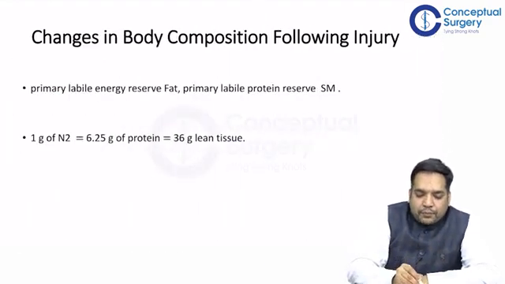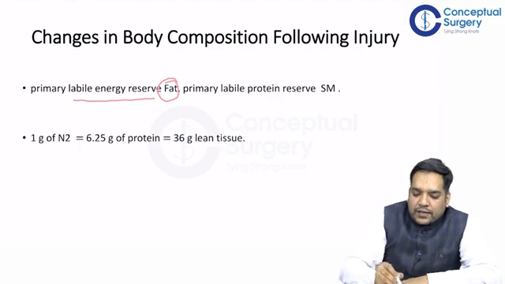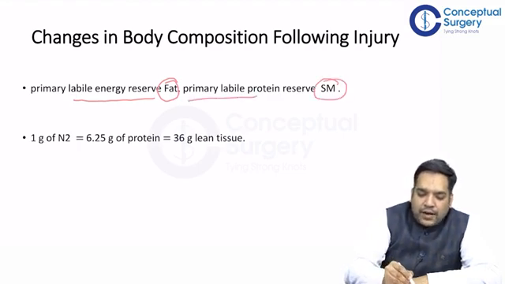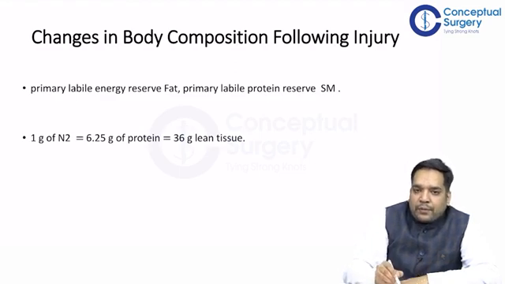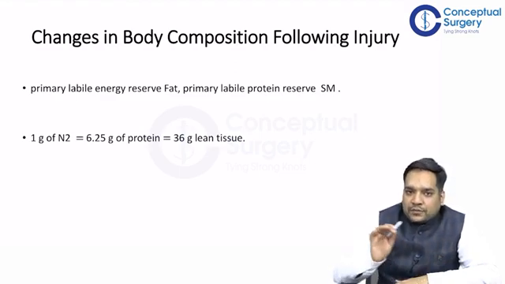Just remember that the primary labile energy reserve is fat, whereas the primary labile protein reserve is skeletal muscle.